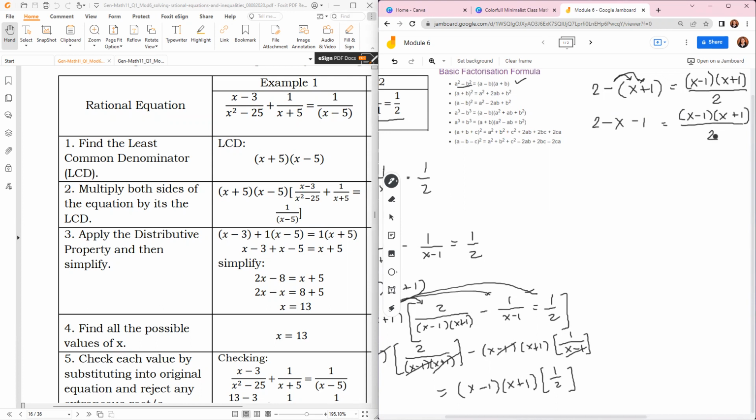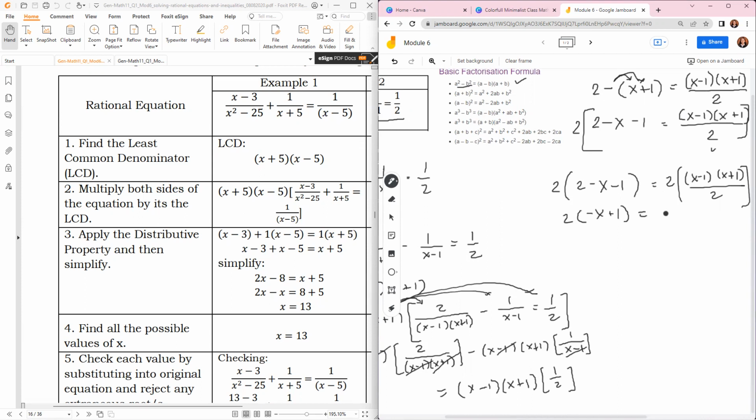We multiply both sides by 2 to eliminate this denominator. So that would be 2 times (2 minus x minus 1) is equal to (x minus 1)(x plus 1) over 2 times 2. First, let's simplify what is inside the bracket: 2 minus 1 is equal to positive 1, so that would be negative x plus 1, multiplied by 2.